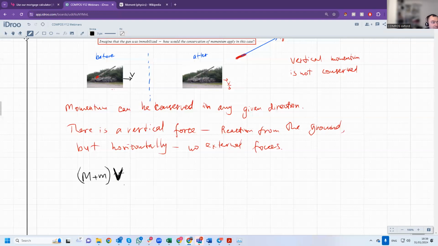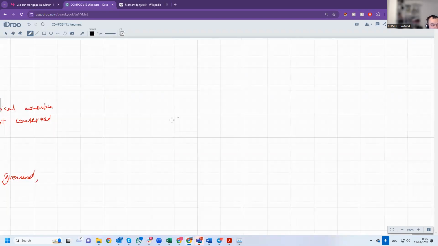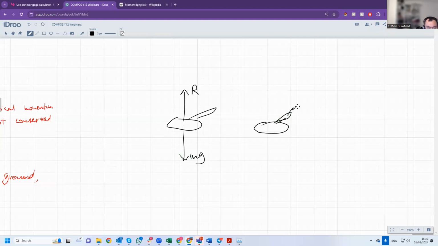Look, when the gun is stationary, there is the mg force, and there is the normal reaction force. But when the gun is shooting, for a very short time, mg is the same, but the reaction force is increasing. Why?